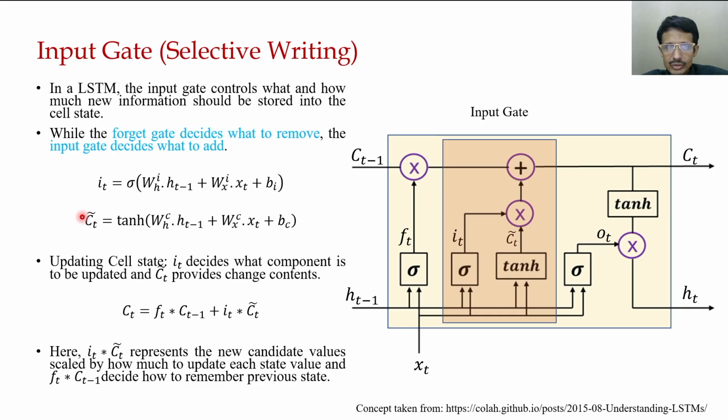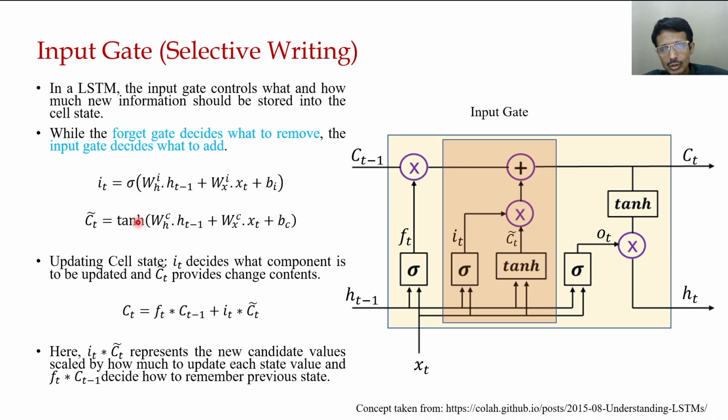And what is the cell state candidate? It is basically W_h,c times h_{t-1}, so only the weight matrices are different, and the same for the input and this bias term.